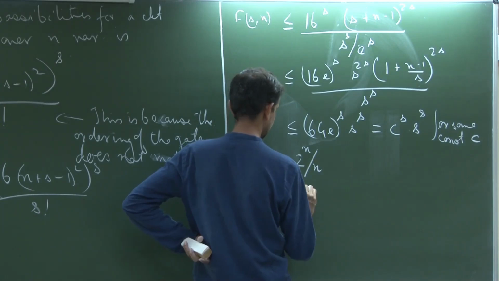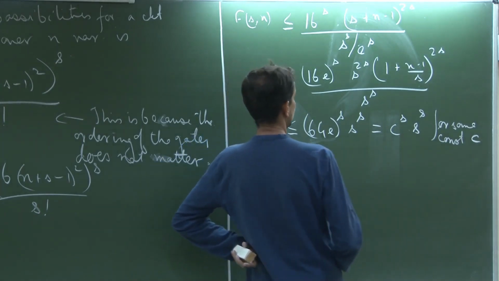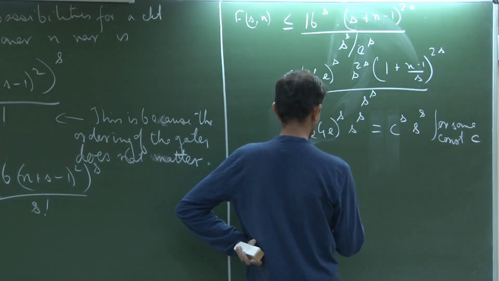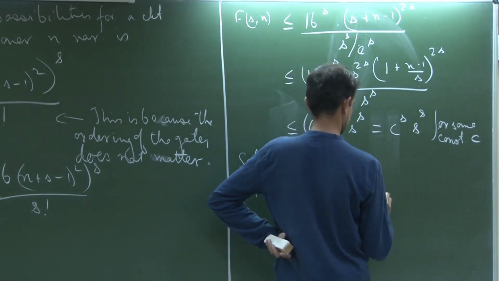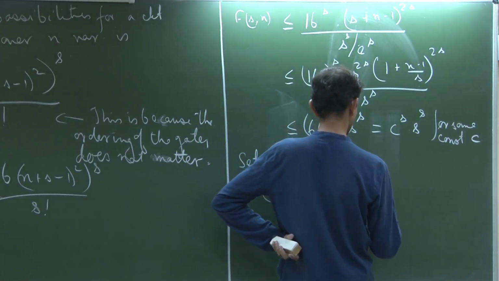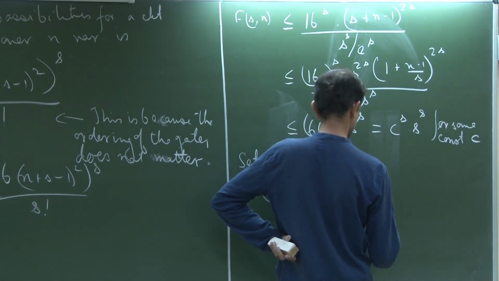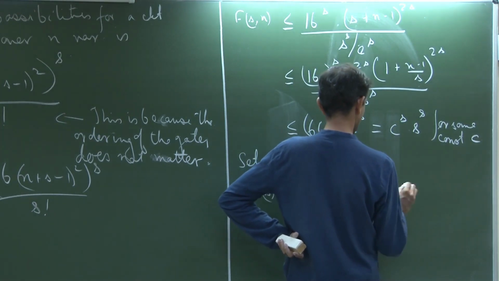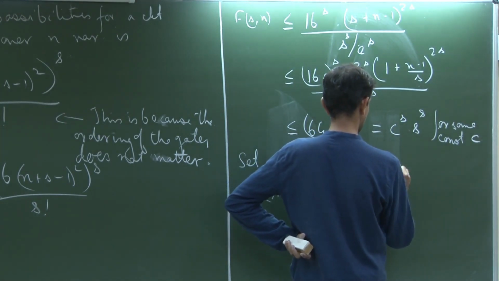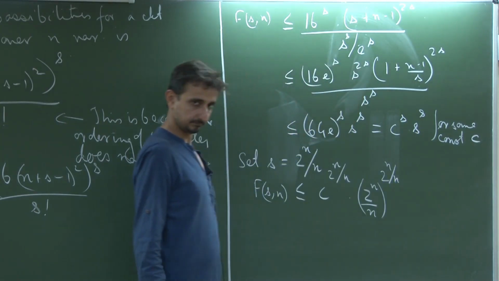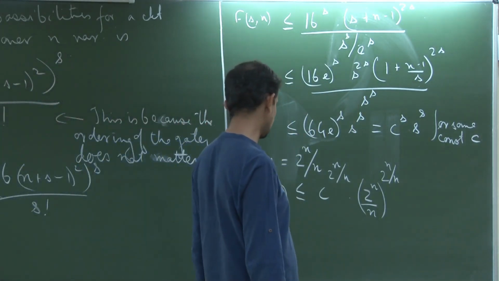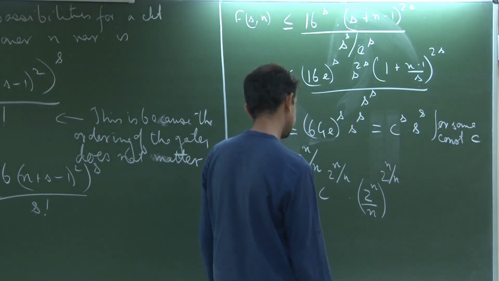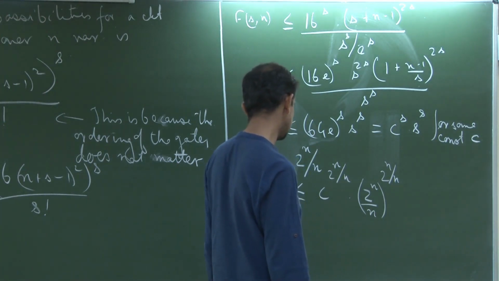So, we will set s as this, and now let us see what this quantity becomes. f_s of n is c to the power 2 to the power n over n, times (2 to the power n by n) whole to the power 2 to the power n by n. So, how can we write this?